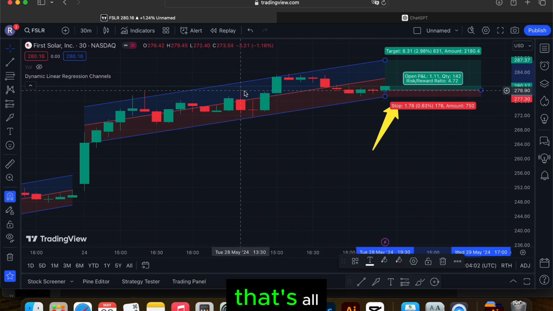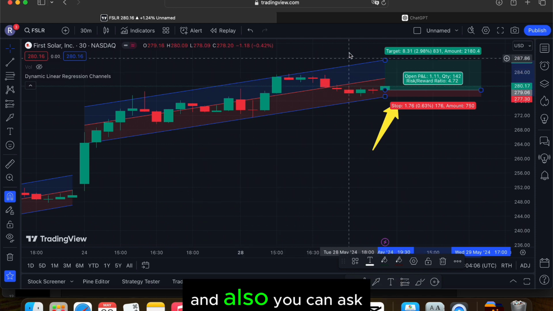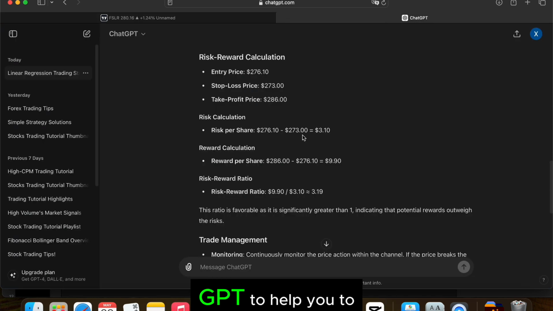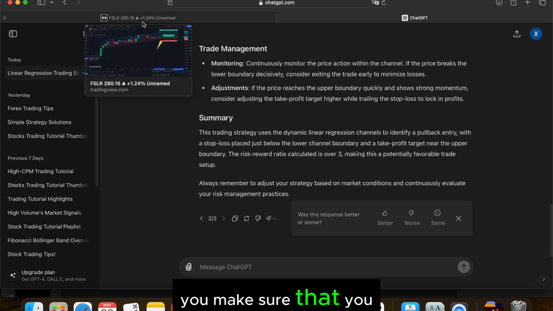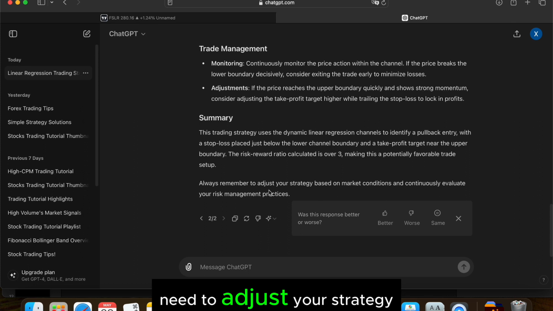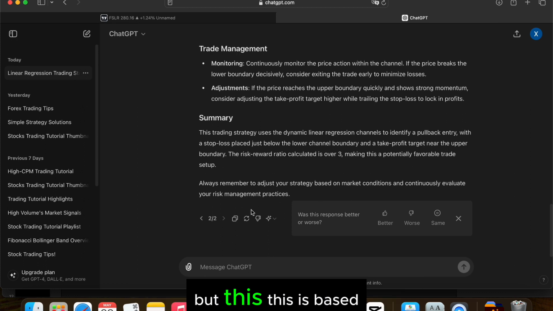So basically that's all for how you can use this indicator to plan your trade, and also ask ChatGPT to help you analyze the trade. Also make sure that you adjust your strategy based on market conditions and continuously evaluate your risk management practice. This is based on your own strategy and you need to take your own position.